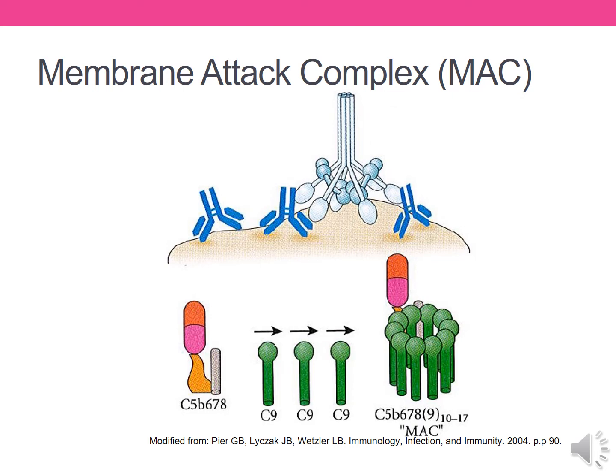So when C9s come along, typically there's around 10 to 17 C9s, and they will start punching holes into the cell membrane, and this is what creates the influx of water and loss of electrolytes within the cell. And once this happens, the cell is no longer viable.